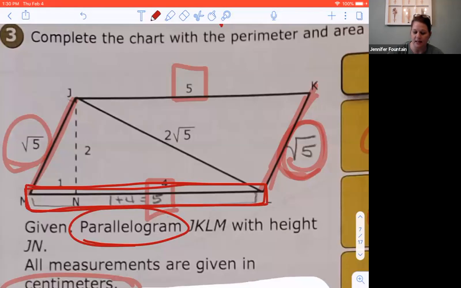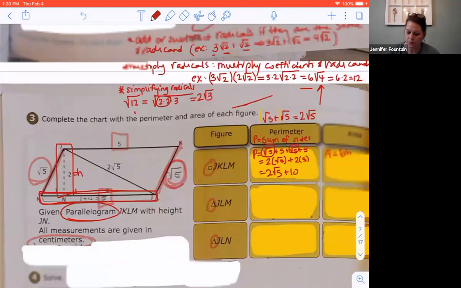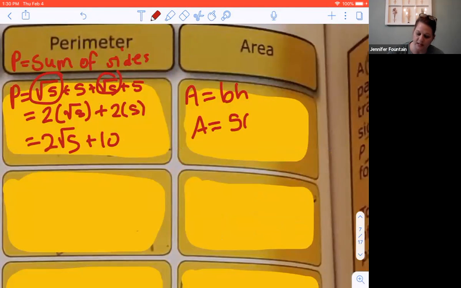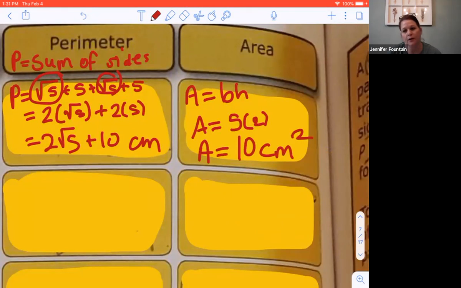And we said that that is 5. My height is going to be right here, this dotted line. So right here, 2 is equal to my height. So my base is 5, my height is 2. So my area is equal to 5 times 2. And we said these are centimeters, remember? So area equals 10 centimeters squared.